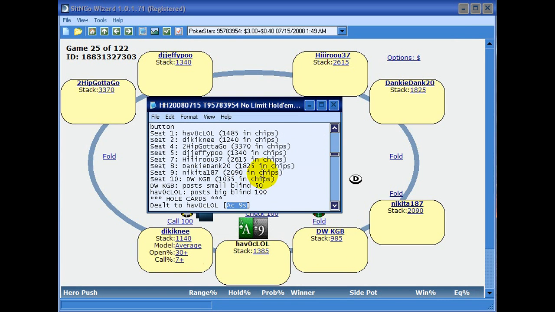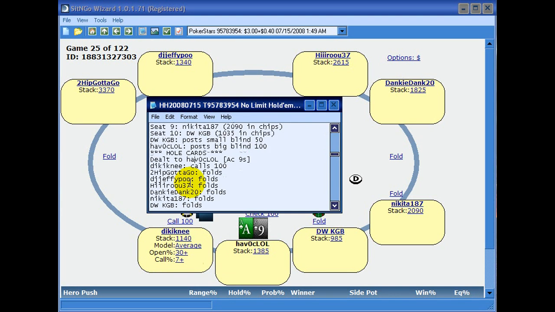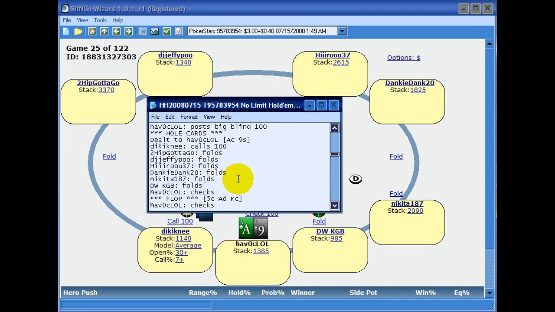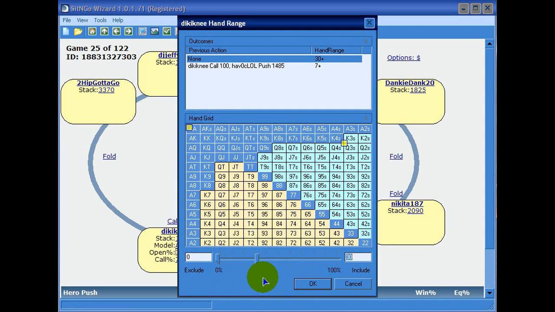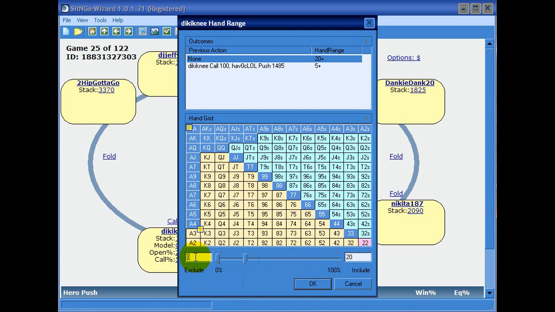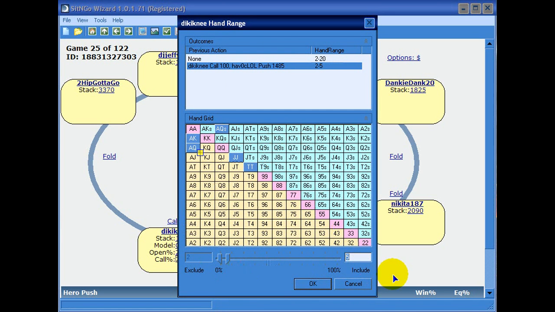And now here we can see that under the gun limped, and we have all this action here, and it folds around to us, and we check, of course, because in actuality it's something like 2 to 20 from before, and 2 to 13 or so, I don't know.